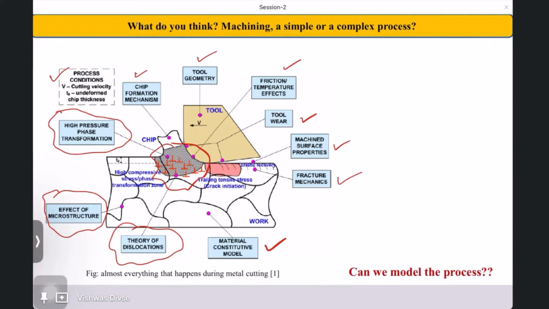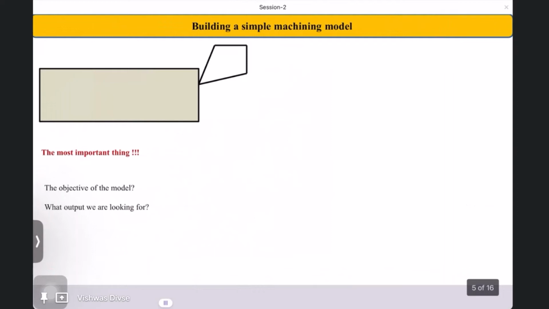So as a modeling engineer, we need to figure out what kind of details I want, what kind of output I want. That's why I raised two fundamental questions here. Without answering these two questions, one should not directly go to any model, not only machining models I'm talking about, any model.